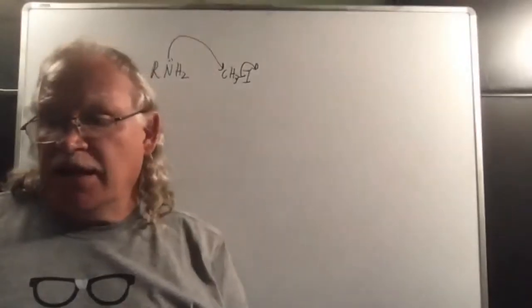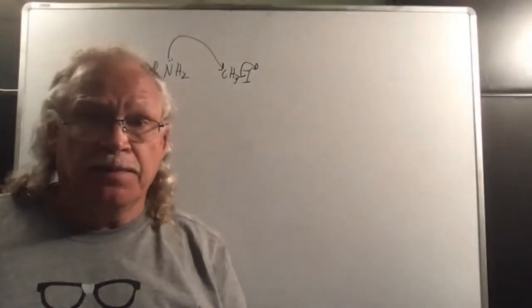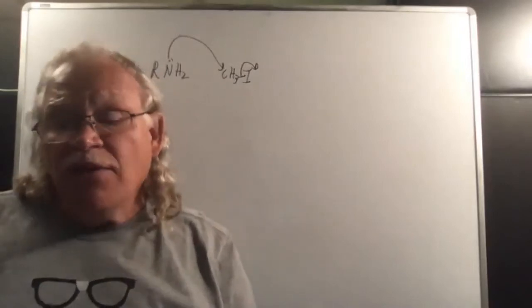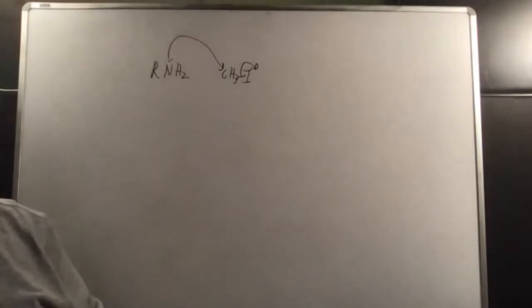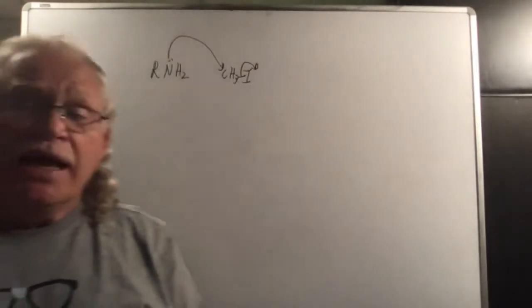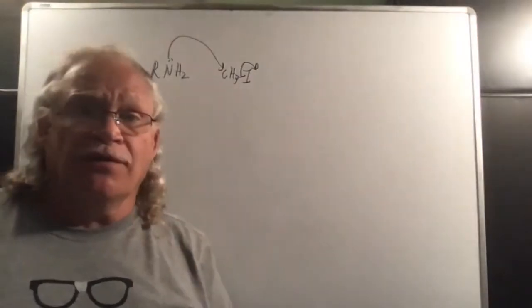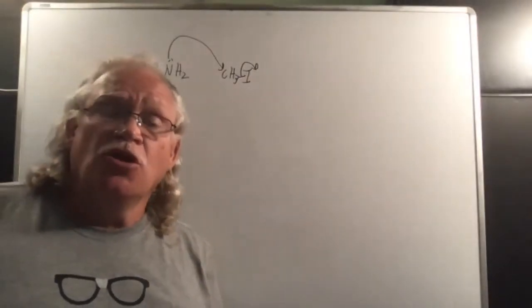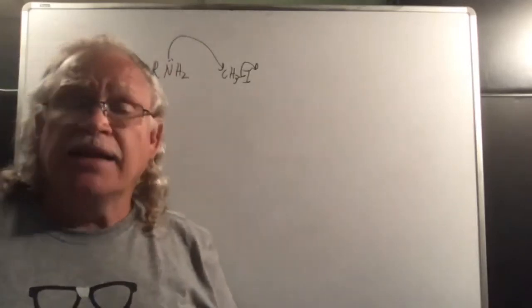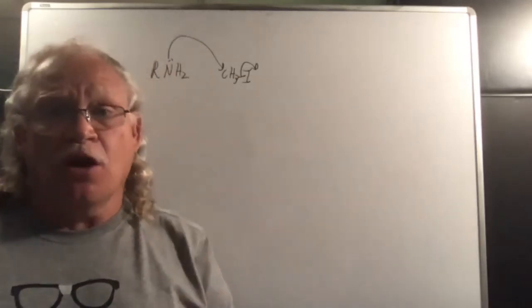Now, we've seen this over and over again. That's just an SN2 reaction. Even though the amine is a neutral compound and not a negatively charged species, it's still a very good nucleophile because the nucleophile, remember, has to donate its electrons, and nitrogen electrons are very donatable.